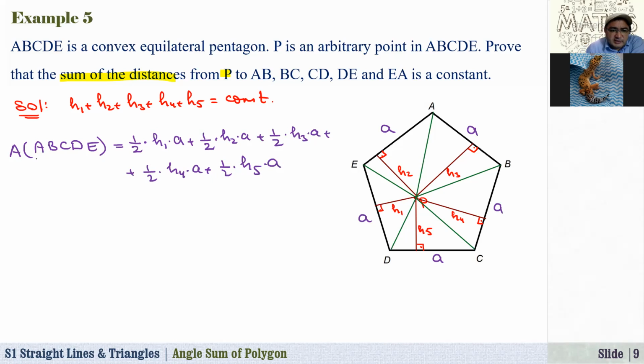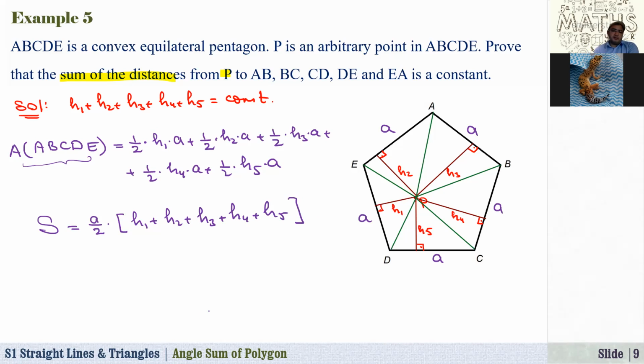On the left-hand side, this area of the pentagon does not change, so let's say that area is equal to S. On the right-hand side, 1/2 times A, that is A/2, is a common factor. Inside the parentheses we have H1 plus H2 plus H3 plus H4 plus H5.